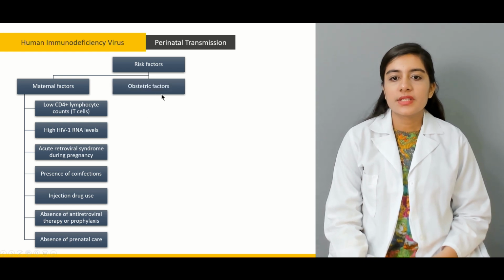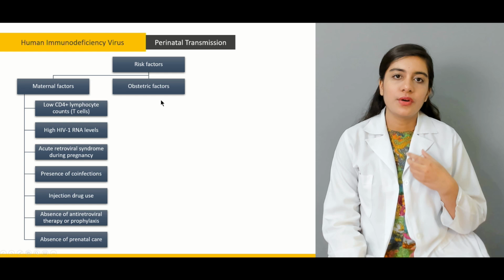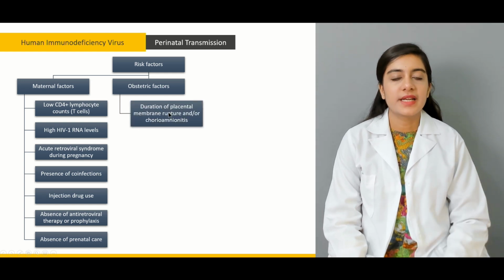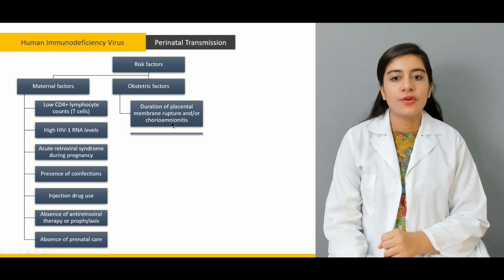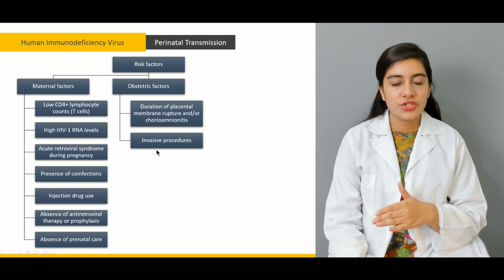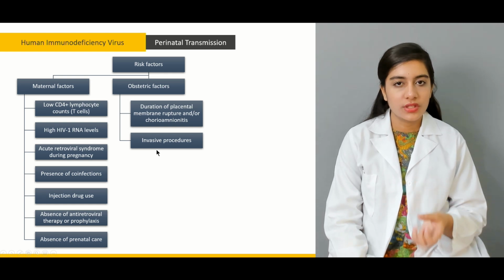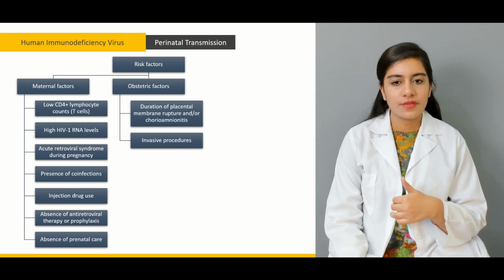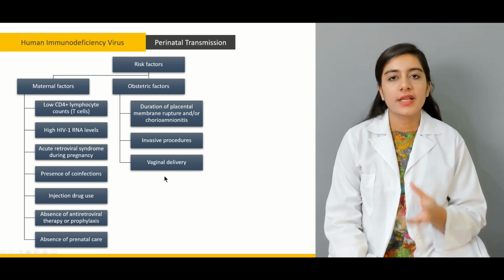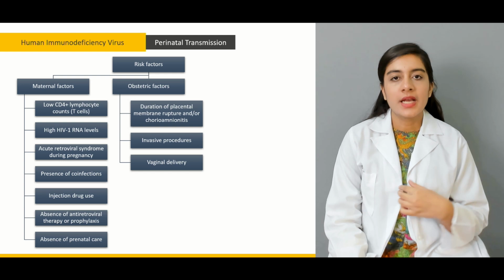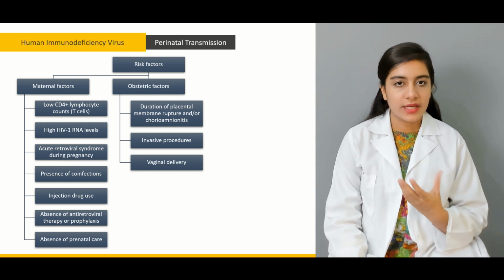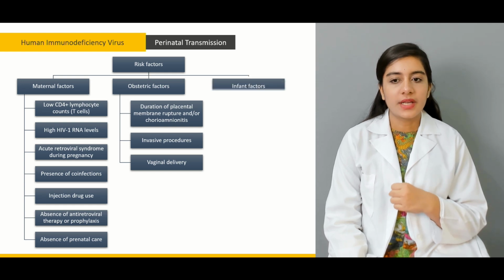Other risk factors are the duration of placental membrane rupture and/or chorioamnionitis. Then we have invasive procedures used during the pregnancy or for the delivery of the child. Then we have vaginal delivery, because if the cervical canal is infected, when the child passes through that infected cervical canal, he or she can be affected by that.